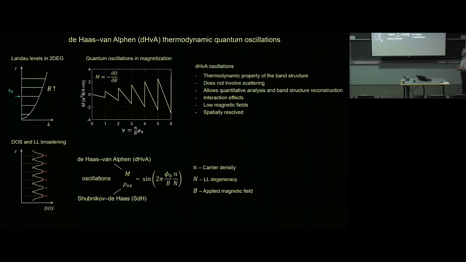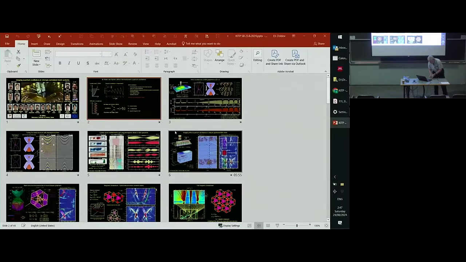Anyway, so quantum oscillations arise from Landau levels, and you can see it in various observables.